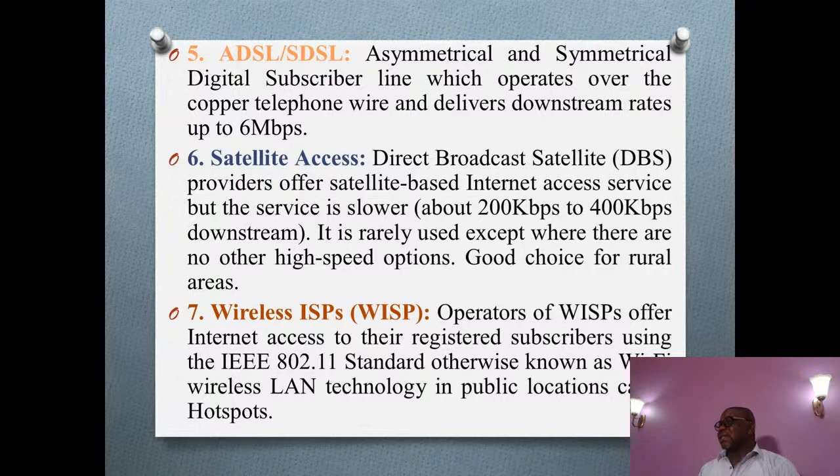Then you have the satellite access, so that direct broadcast satellite (DBS) providers offer satellite-based internet access services, but the service is slower. It comes at 200 kbps to 400 kbps on the downstream link.